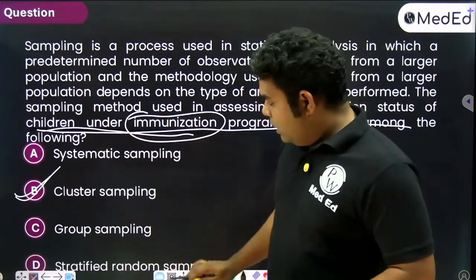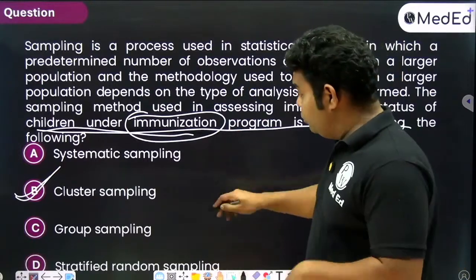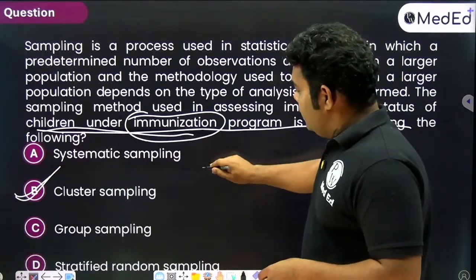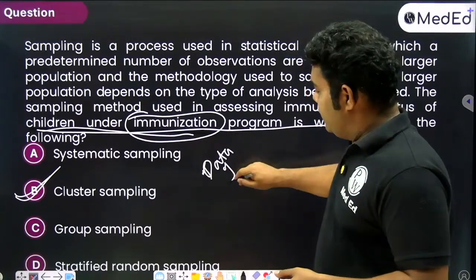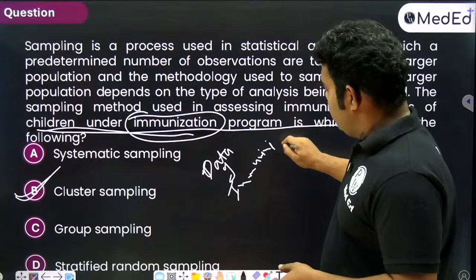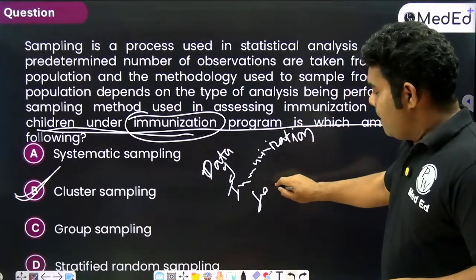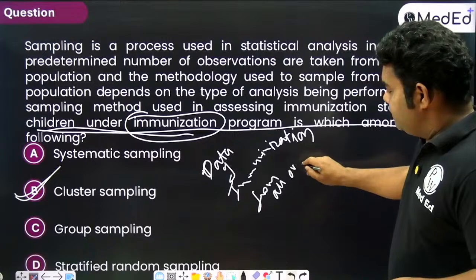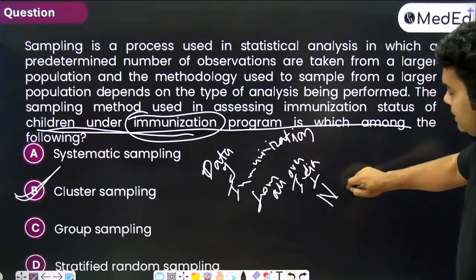Okay. But why was I reading the whole question? Because if they ask the question in a different way, that data of immunization come from which study? Data of immunization in India, that how many children are immunized? Data of immunization from all over India comes from which study? So the study is NFHS, DLHS.